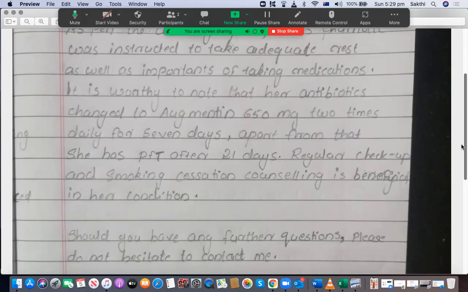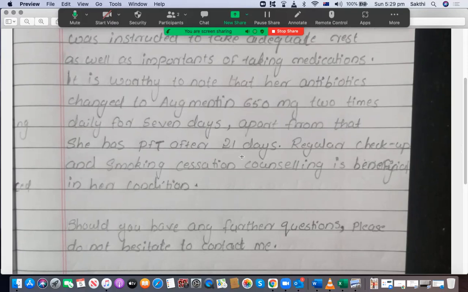It is worthy to note that her antibiotics changed to augmentin. No, this is wrong. Why? I'll tell you. See, whenever you write any sentence, okay, whether it is an active voice or a passive voice, you have to go to the verb, and then you have to see which noun is carrying out this action, this activity. All right, changed.